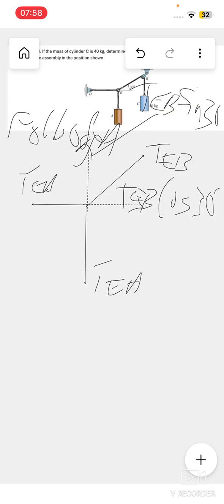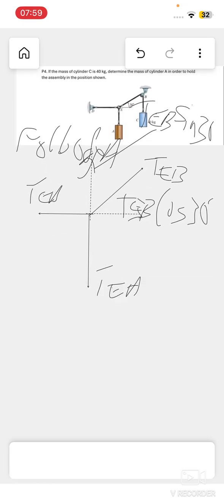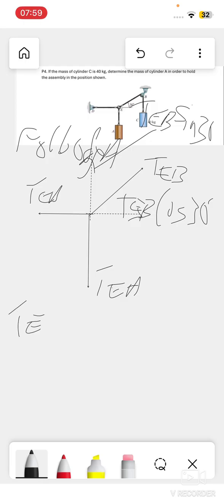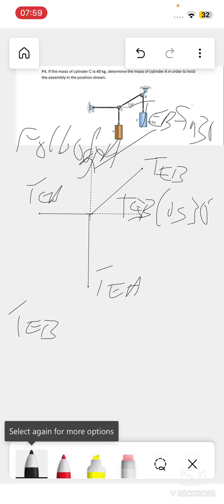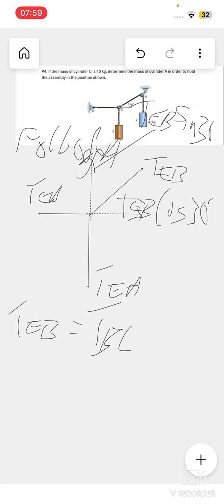This is the diagram for body A. And we also know that at pulley B, there is no friction. Therefore, TEB is equal to TBC. How do we get TBC?